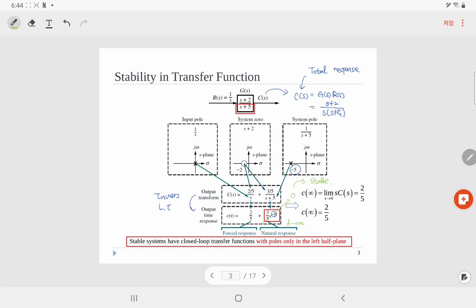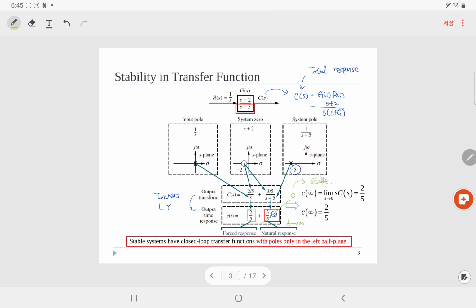However, the forced response takes a constant value like this. From this fact, we can say that this closed loop system is stable from the viewpoint of the BIBO case, bounded input, bounded output.